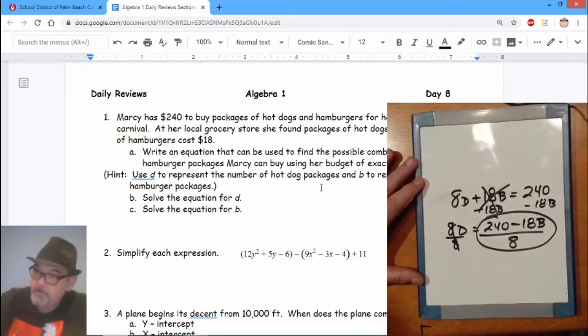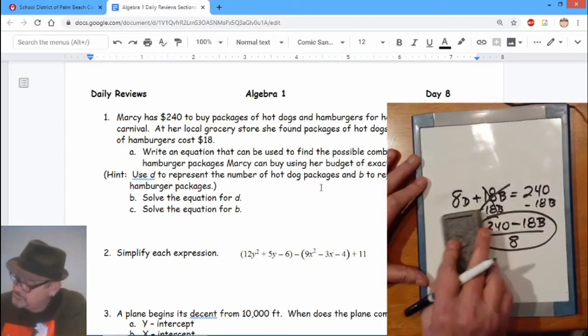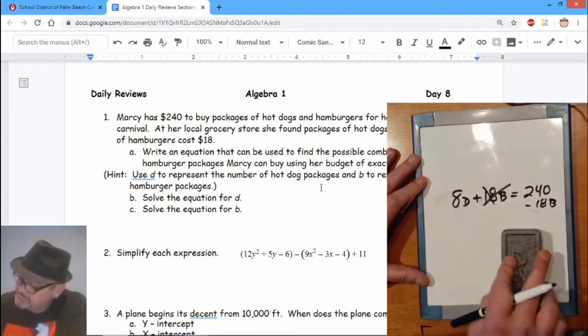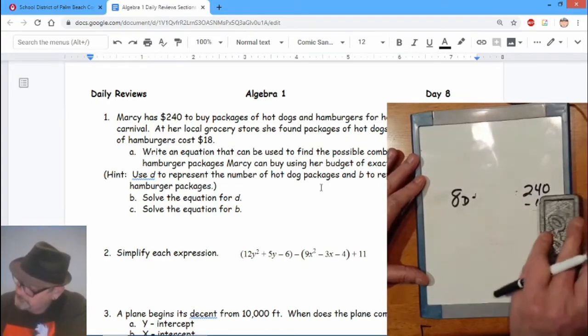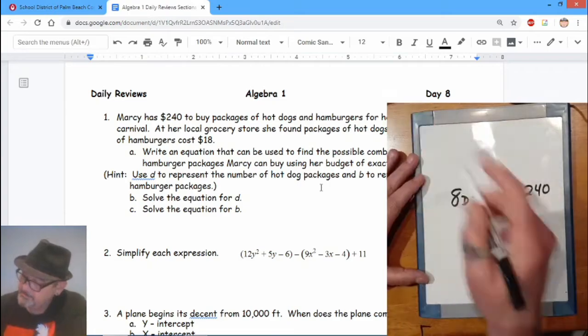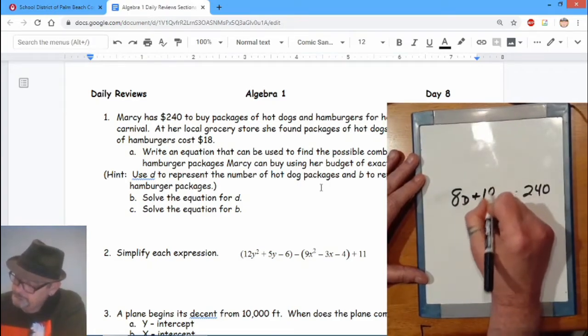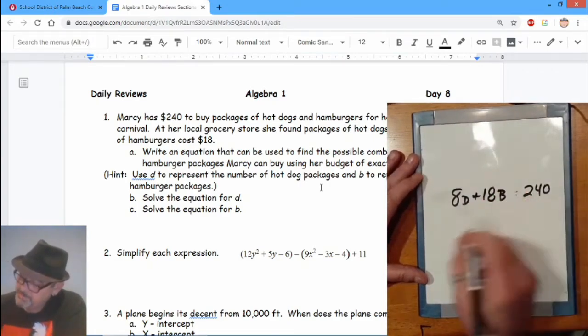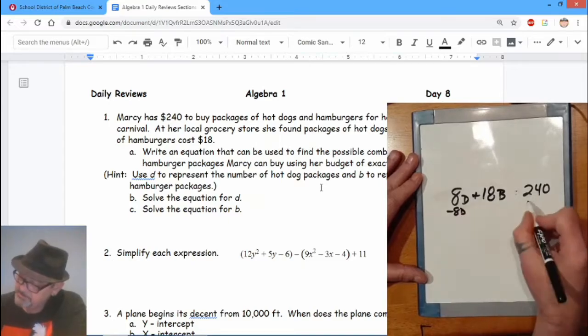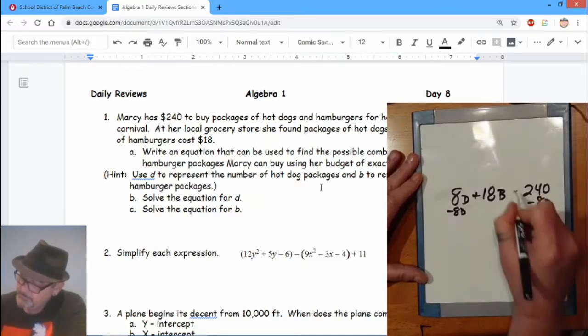All right? Likewise, if you were to solve it for B instead of D, we just do the same thing, but this time we would subtract the hot dogs and then subtract them over here.